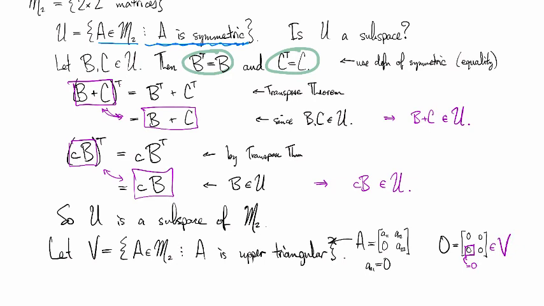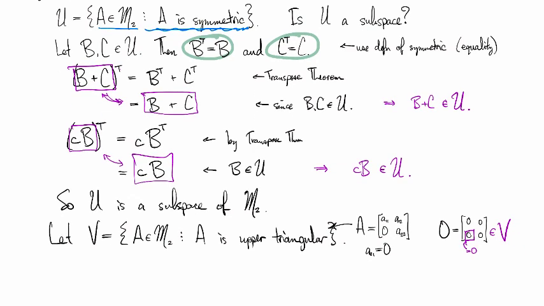Okay, let's do addition. Let B and C be elements of V. Then that means that B21 is equal to 0 and C21 is equal to 0.